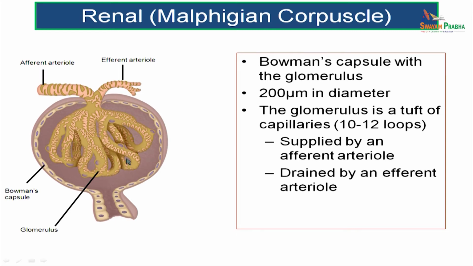Glomerulus is nothing but a tuft of capillaries. How many? 10 to 12 loops of capillaries are present in it. As you can see from this diagram, this renal corpuscle is supplied by an afferent arteriole and it is drained by an efferent arteriole.